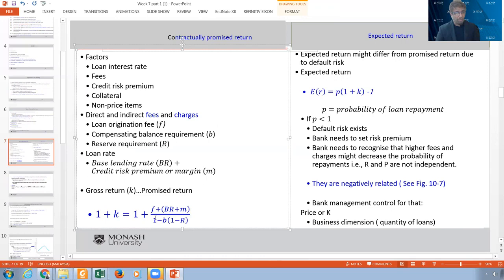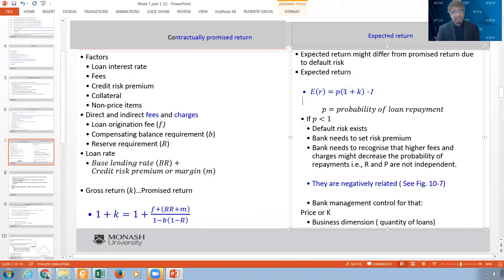are we going to get the contractual? Of course, no. And therefore, we have another term called the expected. And the expected is we take the expected R, which is the probability of payments, how much we expect all our loans to pay, maybe 95% of them will be paid, 97, 99.